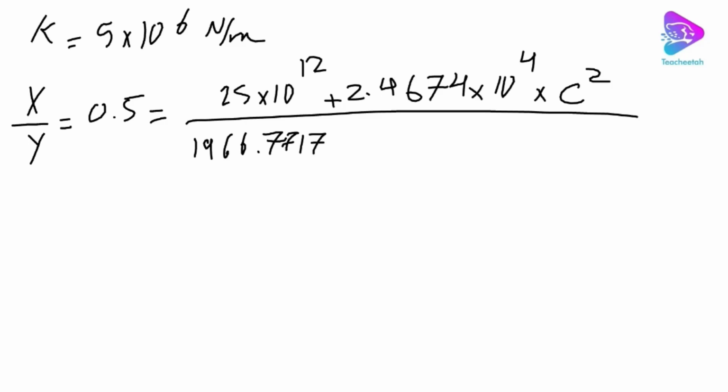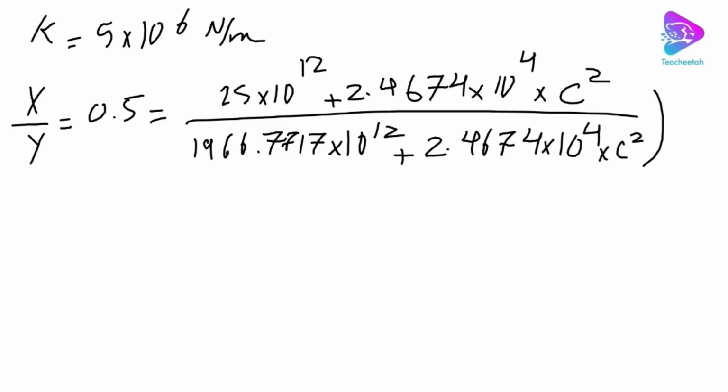1966.7717 times 10 to the power of 12 plus 2.467 times 10 to the power of 4 times c squared, and the whole thing to the power of half. So this is just calculation, and I'm sure you can do that.